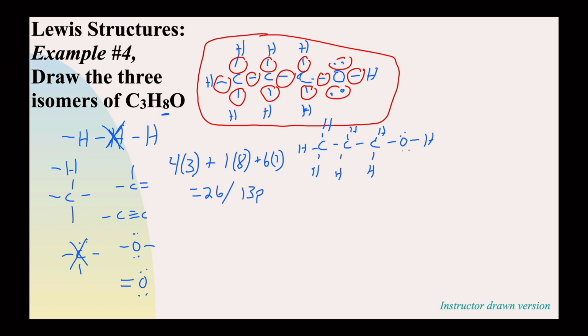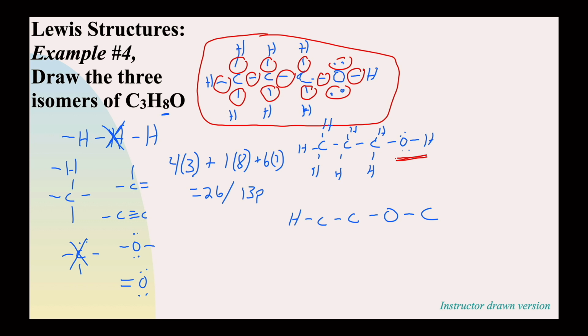The reason I wanted to redraw it is that in this molecule, the OH part is on one of the outside carbons, the far right, okay? Well, we can easily make another isomer if we put the oxygen between the carbons, all right?